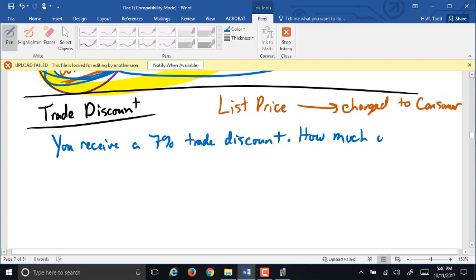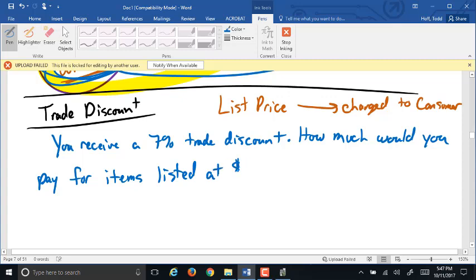How much would you pay for items listed, in other words, list price, at $760.